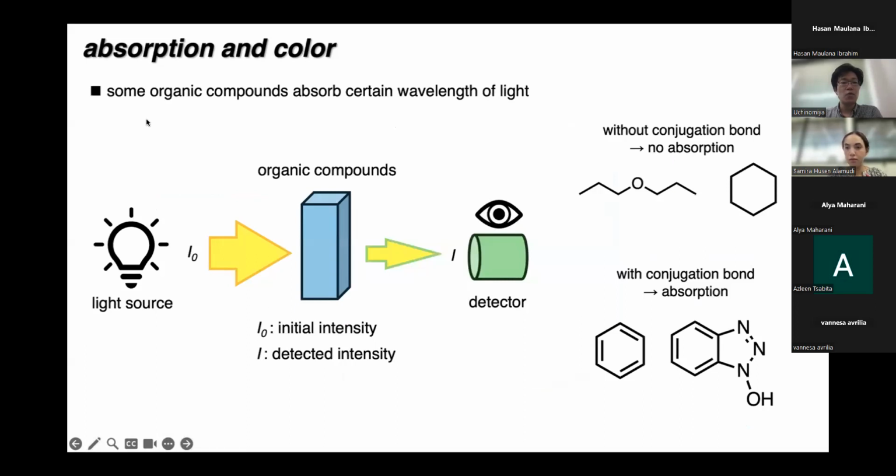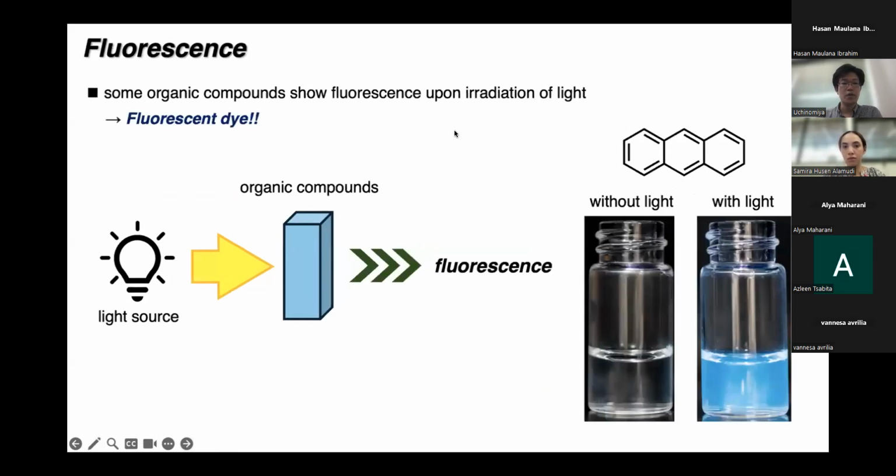Some organic compounds absorb certain wavelengths of light. Especially when a compound has a conjugation bond, the compound can absorb light. And without a conjugation bond, the compound cannot absorb light. And importantly, some organic compounds show fluorescence after absorption of light.